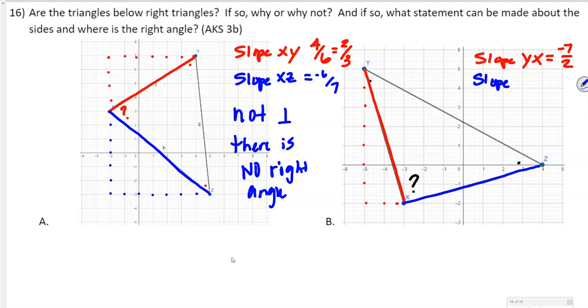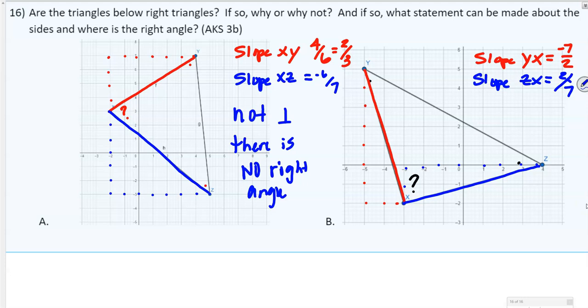Okay, so let's check the slope of this one. So the slope of ZX is going to be 1, 2 up. So far, so good. 1, 2, 3, 4, 5, 6, 7. Look at that. So can't we say that YX is perpendicular to ZX?